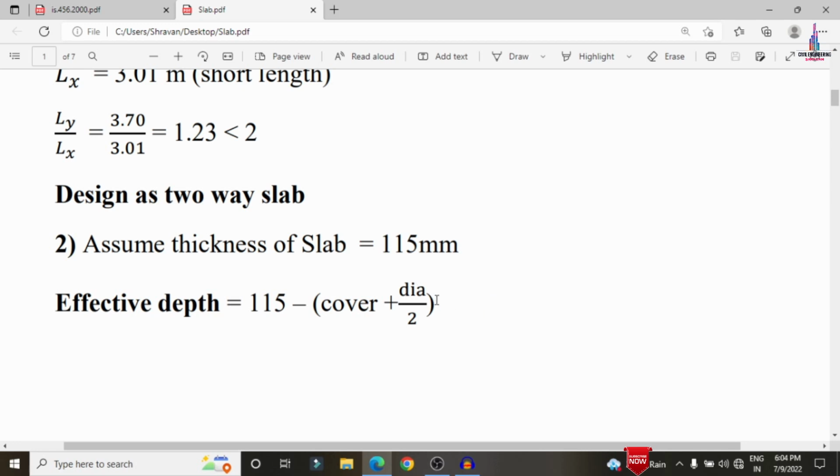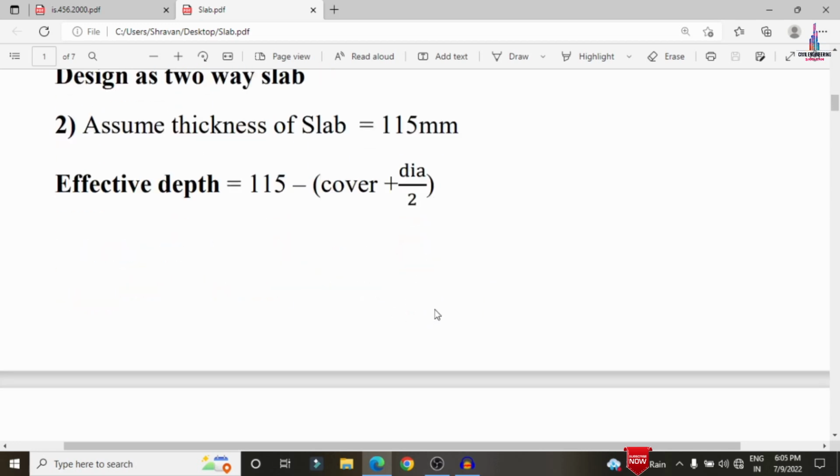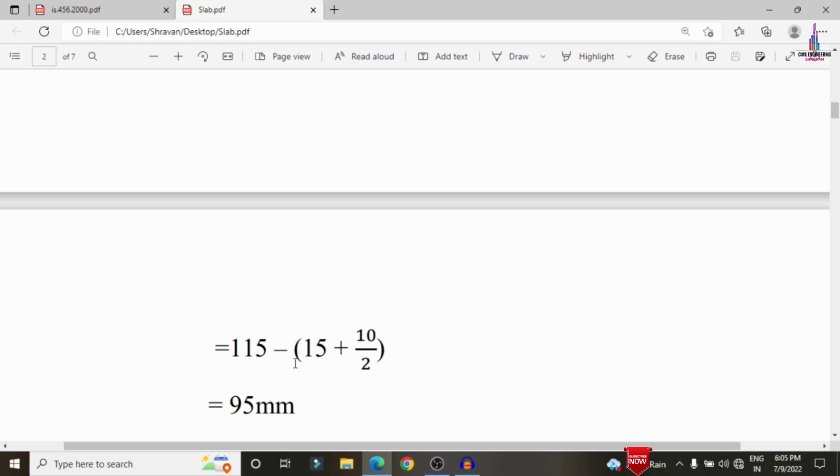This is the formula from the IS codal provisions. Substituting the values, I am assuming the cover is 15 mm and the diameter of the bar is 10 mm. So 115 minus 15 minus 10 by 2 gives 95 mm. This is the second step.